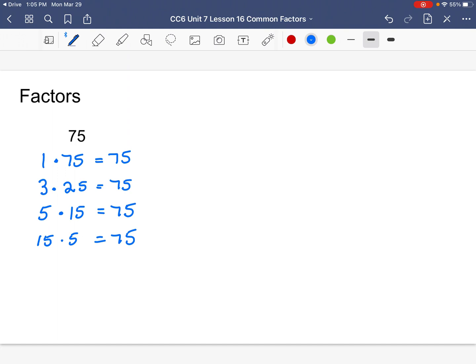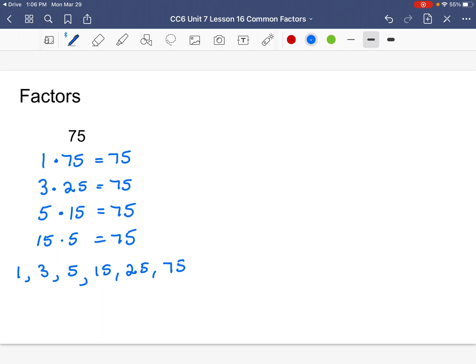When we come around to having the same numbers again, it means we're done. So factors of 75, if I was to put them in numerical order, are 1, 3, 5, 15, 25, and 75. Those are all the factors of 75.